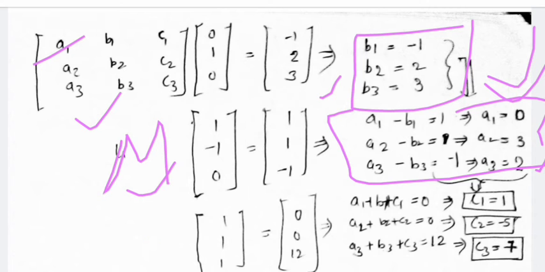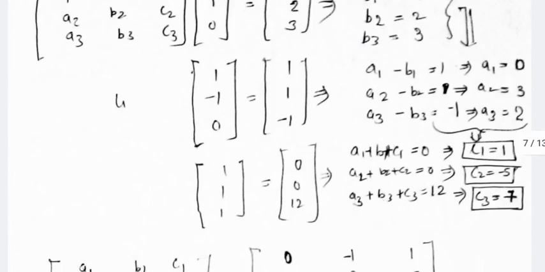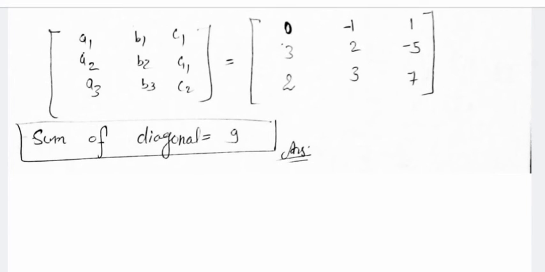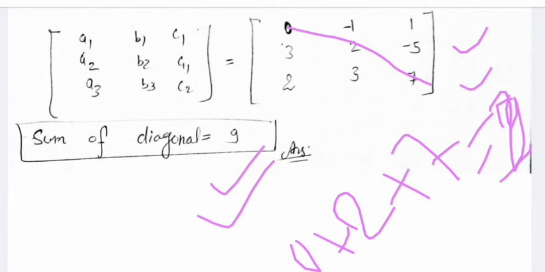After getting these values, we put them into the matrix M, and our matrix is 0, -1, 1 in the first row, 3, 2, -5 in the second row, 2, 3, 7 in the third row. After adding the diagonal of this matrix, the sum of the diagonal is 9, that is 0 plus 2 plus 7 equals 9. So the answer of this question is option A, 9.